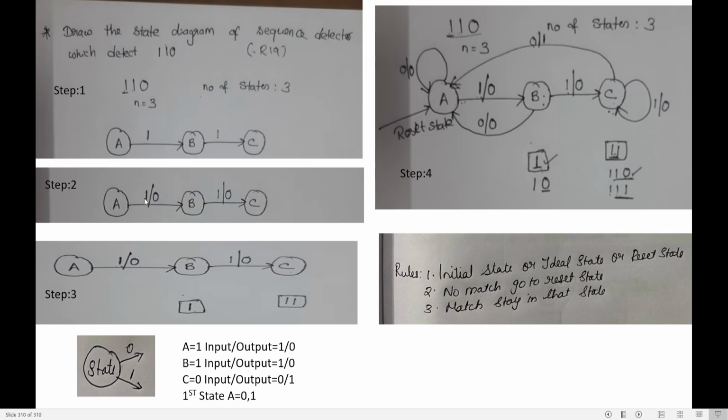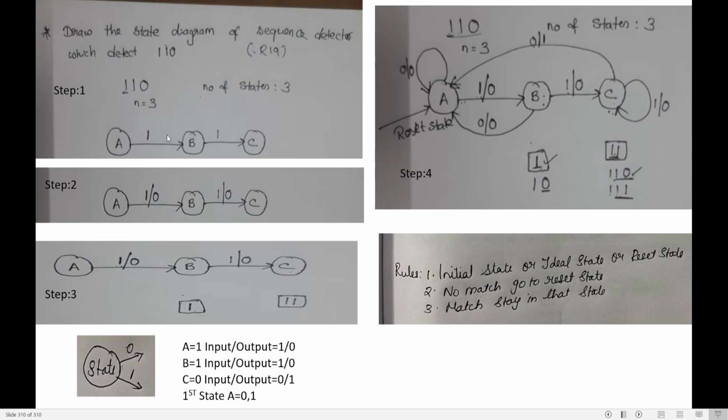Now go to the second step. For every transition, for every input, you need to write the output. You should write input slash output. So what is the input here? Input is 1. Now I need to write the output. Since it is a sequence detector, the objective of a sequence detector is, if it detects the sequence 110, only then output is 1.